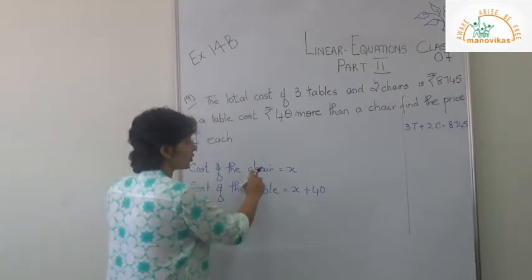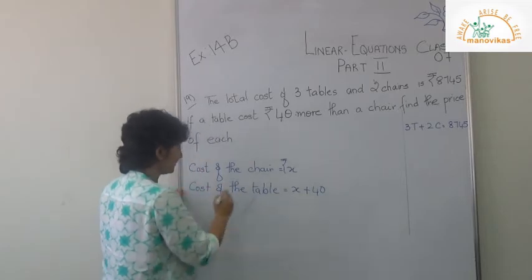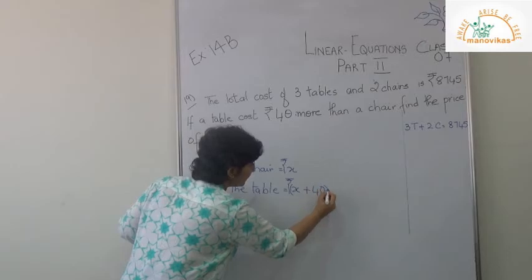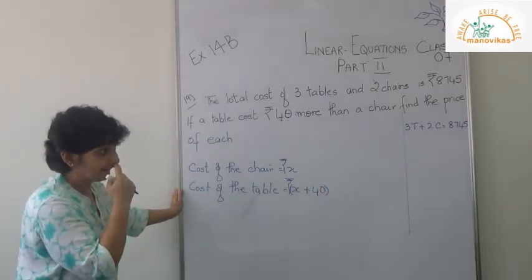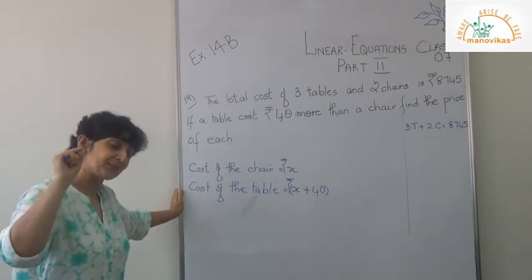Correct? So if the cost of the chair is rupees X, then the cost of the table is rupees X plus 40. Right? Okay. Find the price of each, the table and the chair.